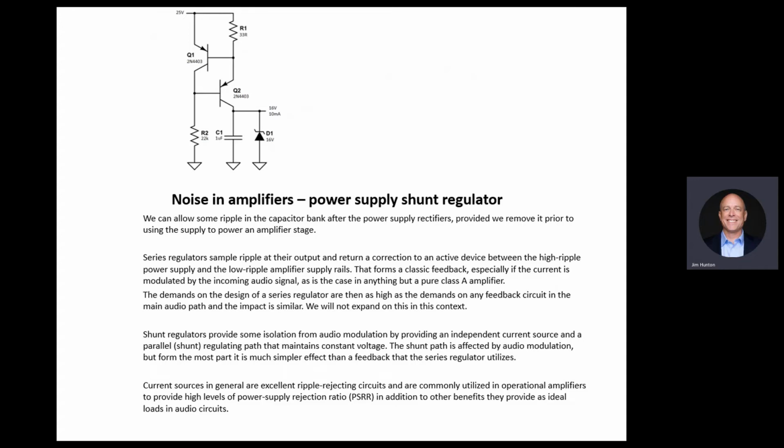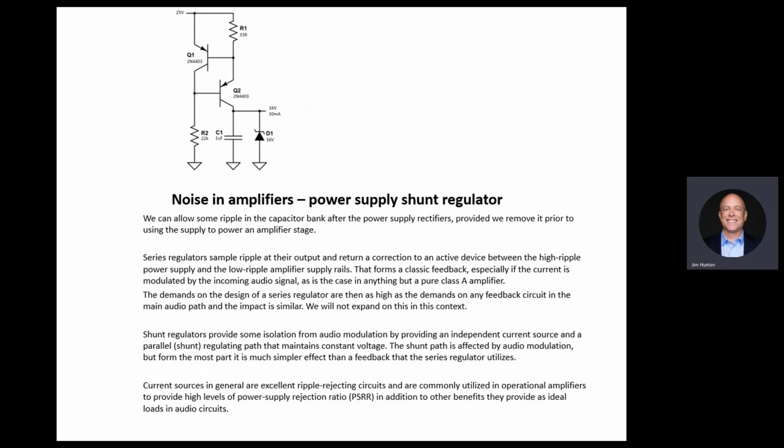Those two transistors are current sources. We can show that. They try to fix the current that goes through them. So this circuit consumes a fixed amount of current regardless of the output voltage. And then on the output, we're putting a Zener diode, which tries to stabilize the voltage over it.